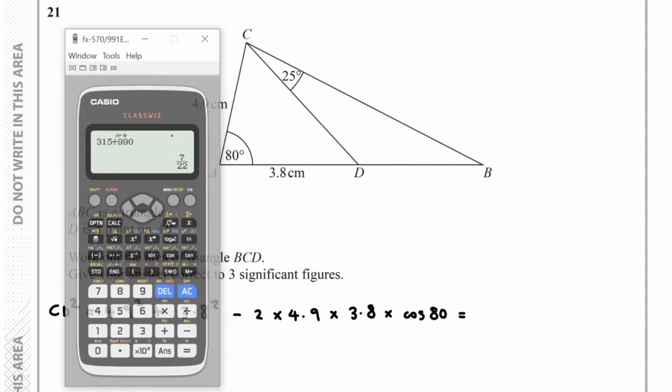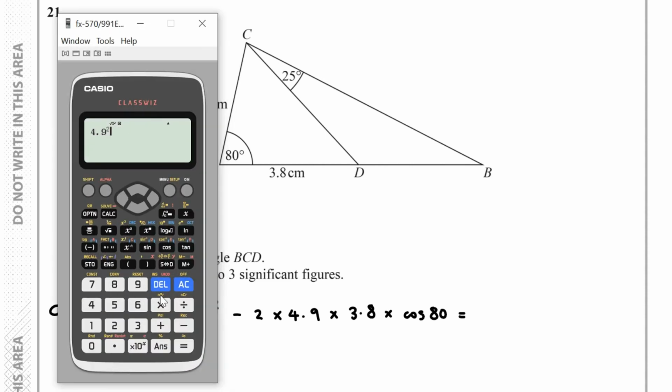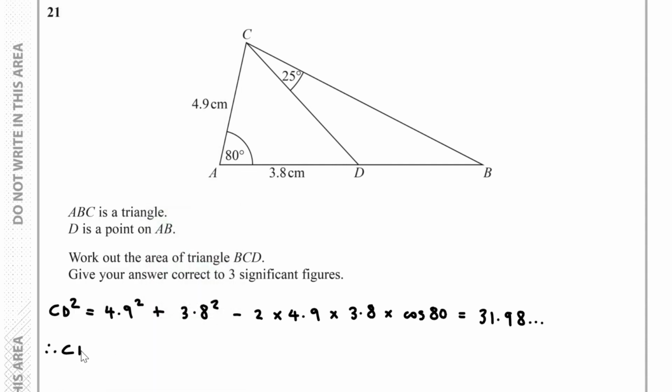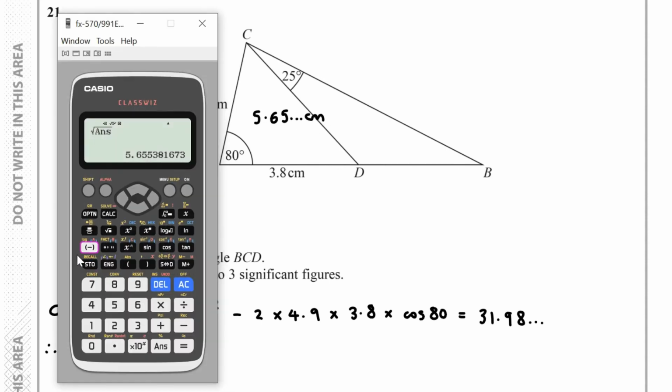If I work this out, we get 31.98, etc. So CD is the square root of this, which is 5.65, etc. So this length is 5.65, etc. centimeters. Let's store this into A.